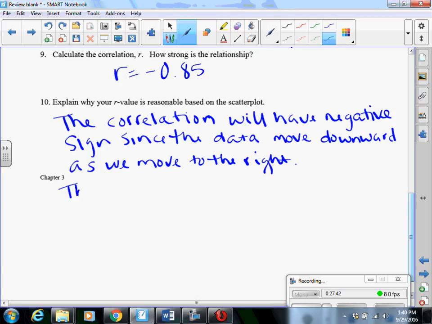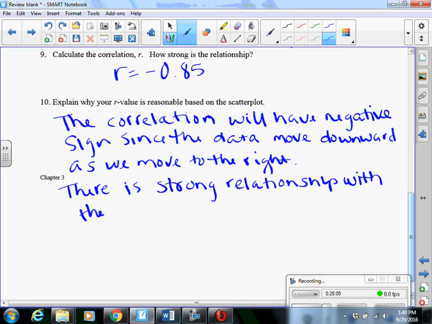And then there is a fairly strong, maybe we talk about even the number being as strong as it is. So there is a strong relationship with the points, and you could say something to the effect of, if you want, they are clustered around, maybe even tightly around the line.